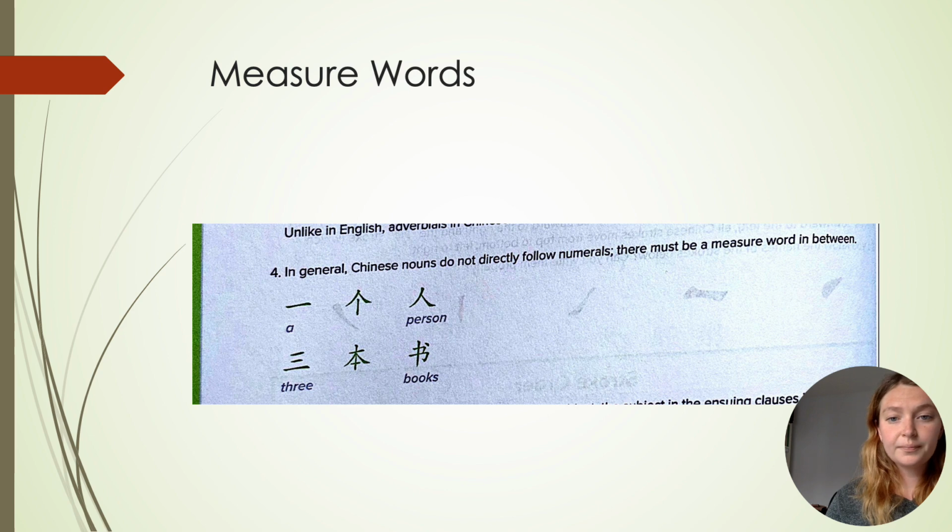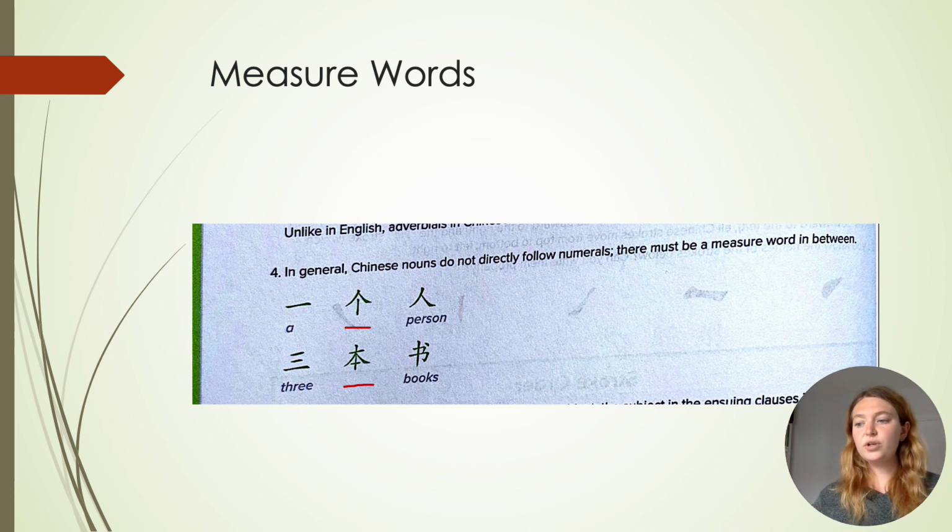Rule number 4, and this one takes some getting used to, but it's not terribly difficult, is in general Chinese nouns do not follow numerals. There must be a measure word in between. So we don't have measure words in English, which is why, as you can see, there's no translation here. We do this sometimes.